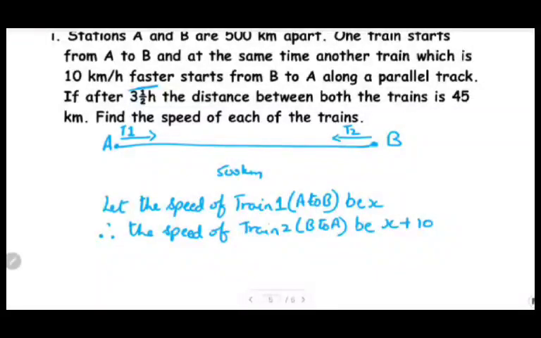Along a parallel track. Both are parallel. If after 3.5 hours, the distance between both the trains is 45. So after 3.5 hours, the distance between these two trains is how much? 45 kilometers. That too after 3.5 hours. Find the speed of each train.